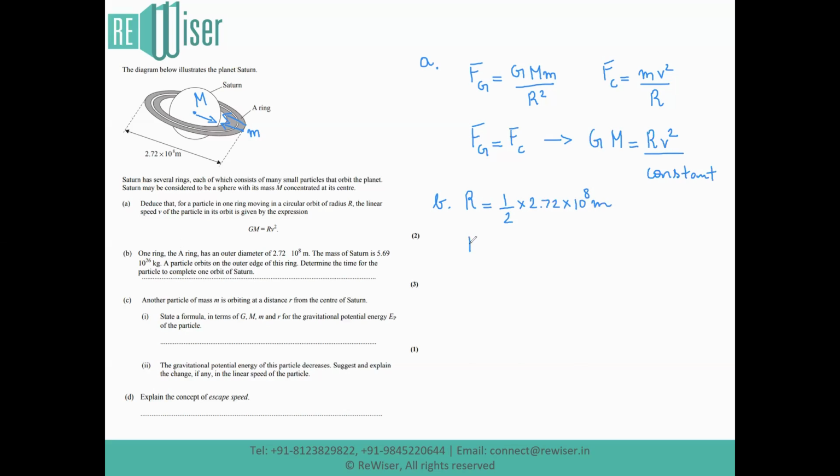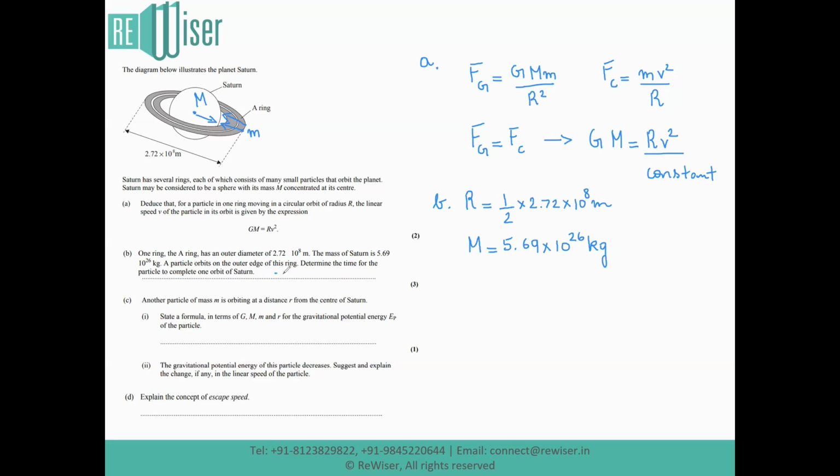We have the mass of the planet given as M equal to 5.69 × 10^26 kilogram. A particle orbits on the outer edge of this ring. Determine the time for the particle to complete one orbit of Saturn.